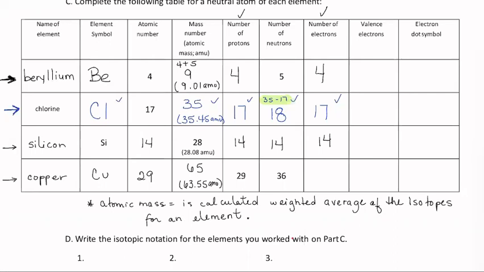This summer, we are not going to learn how to get that average atomic mass for the elements. But if you go into the textbook, it will tell you how to do those calculations. Because this is a weighted average, what you do is multiply the mass of the isotope times the percent abundance, and then you add those values for every single one of the isotopes for that particular element, and that's how you obtain that atomic mass, okay?